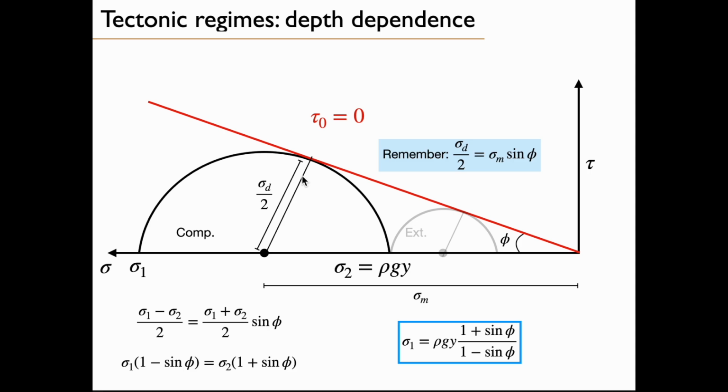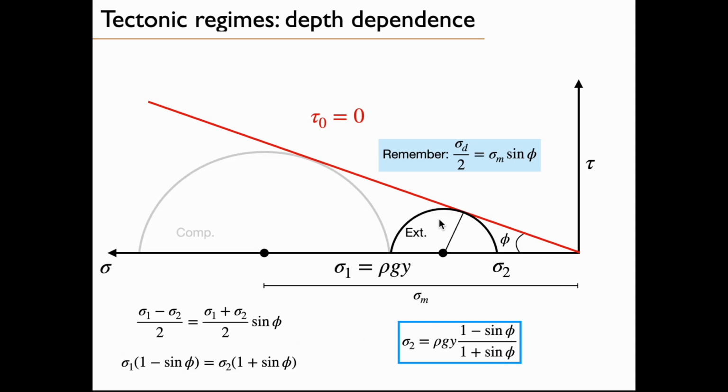So we are going to use the formula we derived earlier from trigonometry, that sigma d divided by 2 is equal to sigma m times sinus phi. So let's do that. Sigma d divided by 2, sigma m is here, sinus phi is there. One can solve for sigma 1 in a couple of steps, and one would obtain that sigma 1 is rho gy times 1 plus sinus phi divided by 1 minus sinus phi.